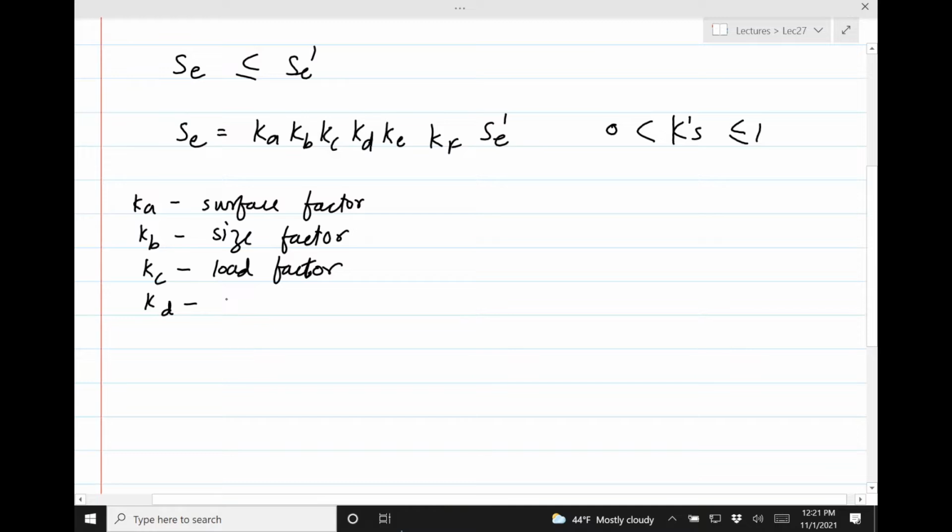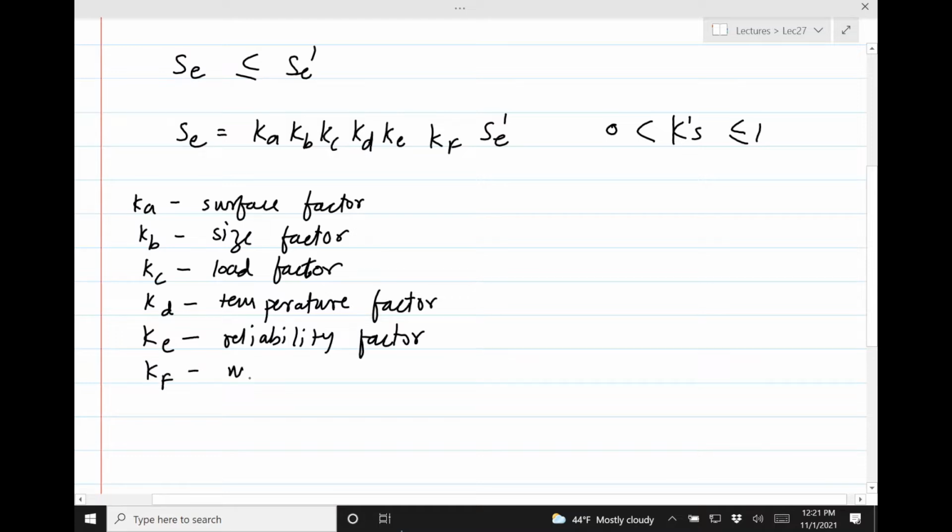Kd is the temperature factor. Ke is the reliability factor, and Kf is miscellaneous.